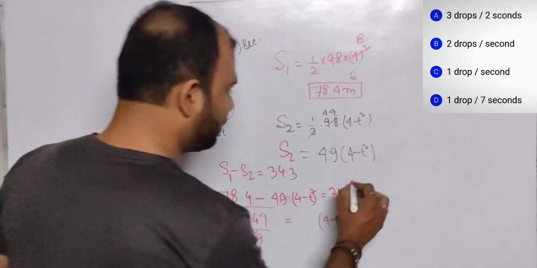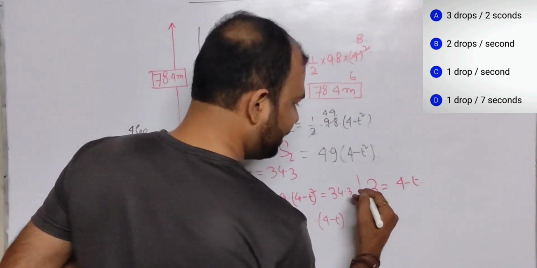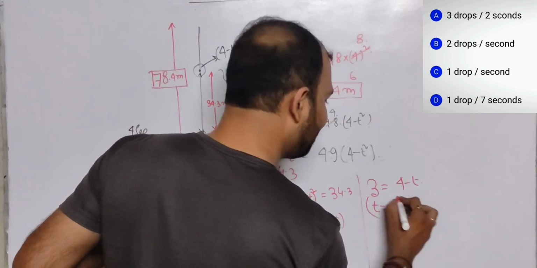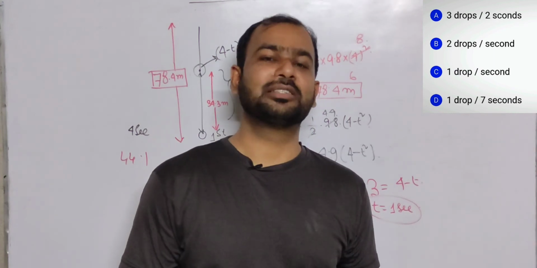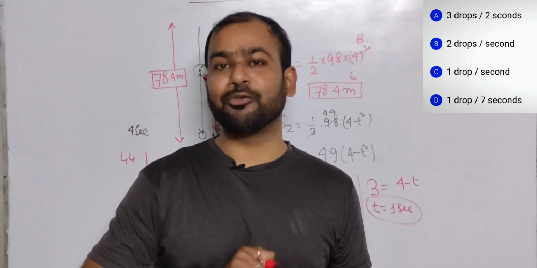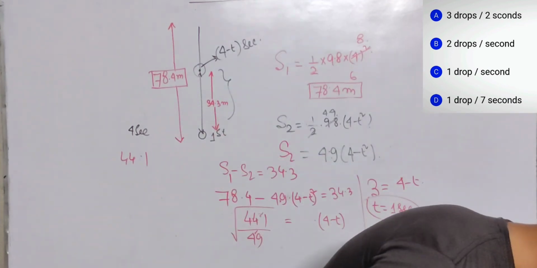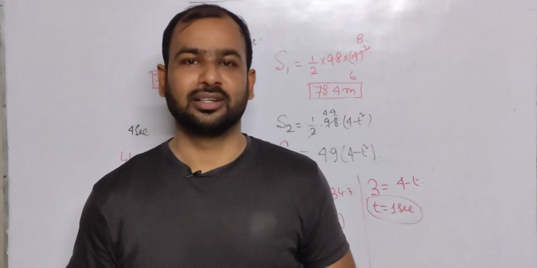That means 3 equals 4 minus t, so t equals 1 second. That means the interval between two drops is 1 second. That means the rate of drops falling from the tap is 1 drop per second. And option number C is the correct option.